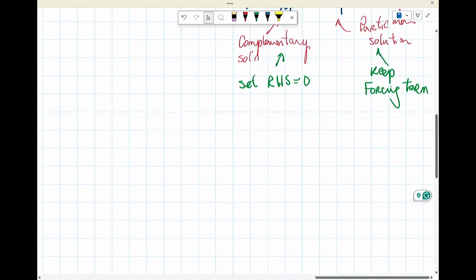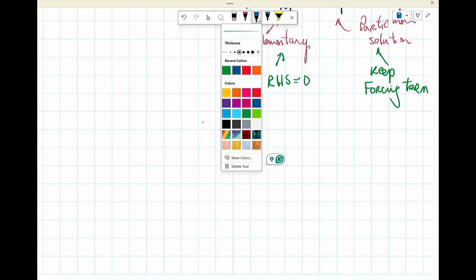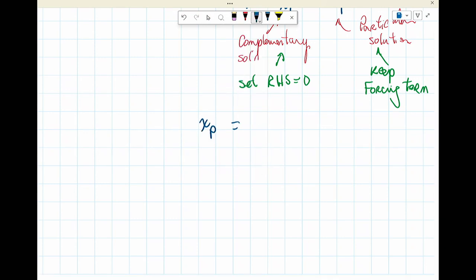So if I look at the particular solution, I'm going to say x particular is equal to, let's make that a big X, sine omega t.